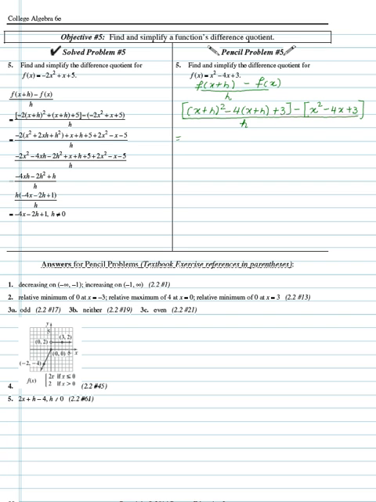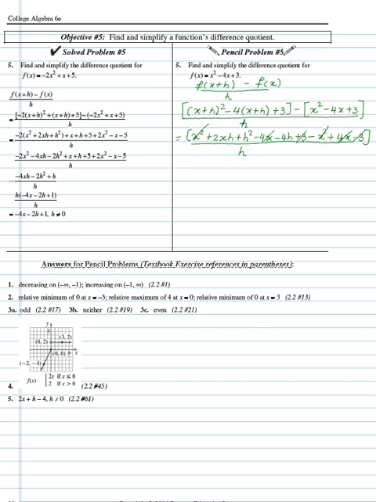When I simplify the numerator, what do I get? x squared plus 2xh plus h squared minus 4x minus 4h plus 3. The negative gets distributed: minus x squared plus 4x minus 3, over h. Positive x squared and negative x squared cancel. Positive 4x and negative 4x cancel.